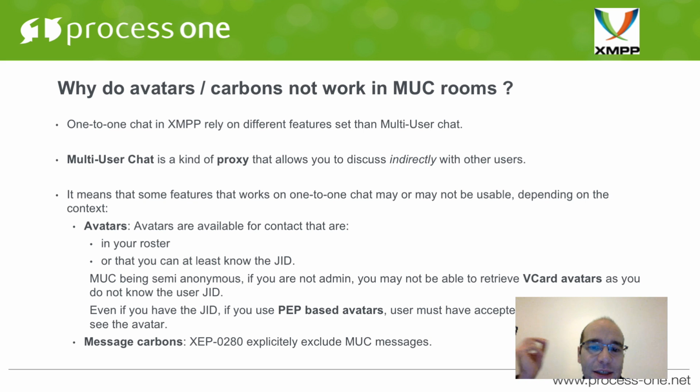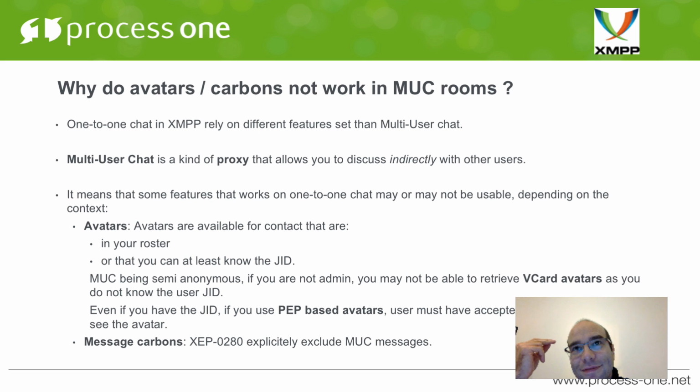And even if your client does not use vCard avatars, but PEP avatars, PEP avatars are roster-based, so you need to be in each other's roster to be able to use PEP and to get broadcasts about the PEP event. So you need that to be able to retrieve the avatar and update the avatar and so on.